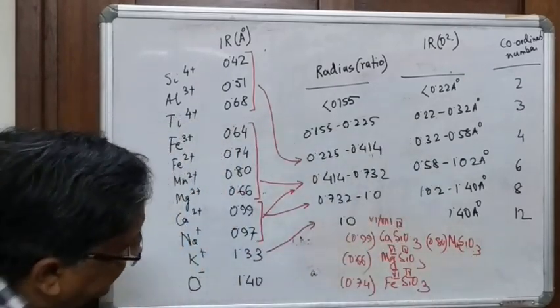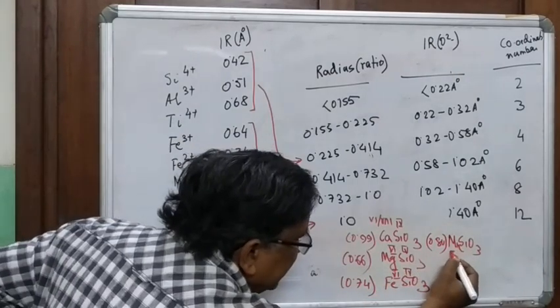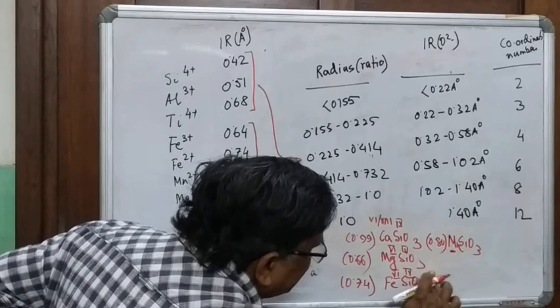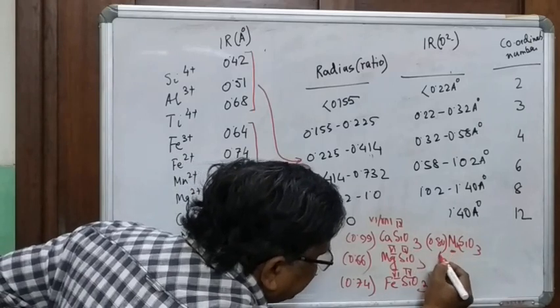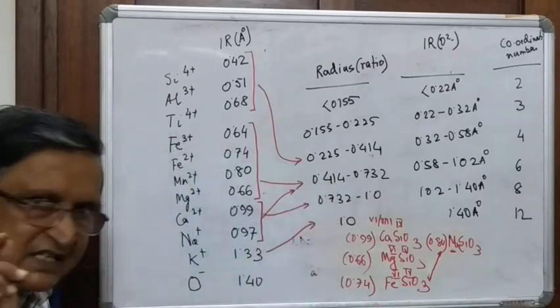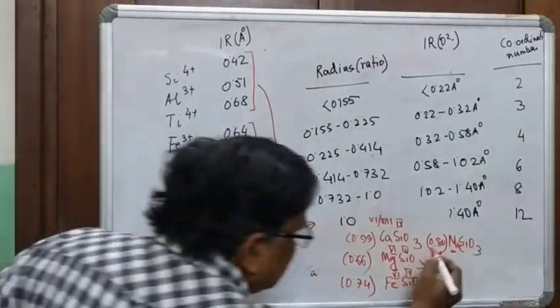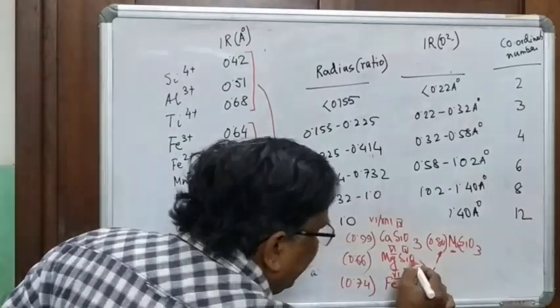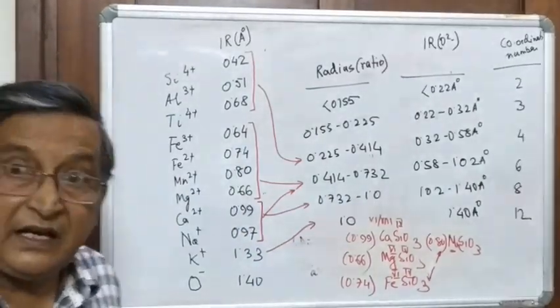Now you see here, manganese has a structure which is close to FeSiO3. But that structure is very different from that of MgSiO3, which is enstatite.